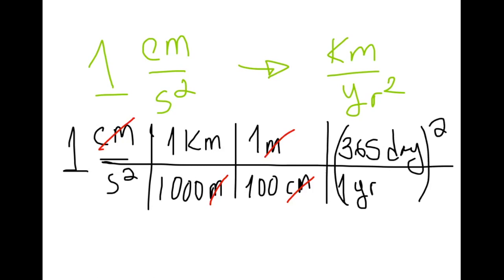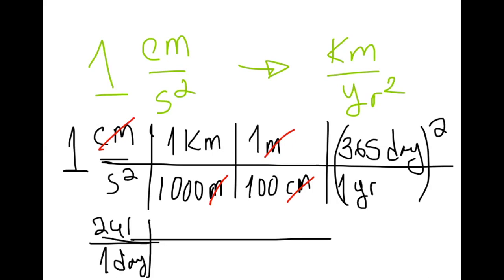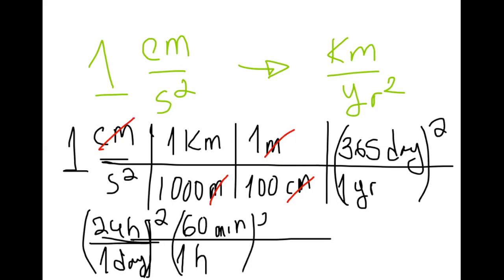And now I don't have much space, right? But then let's continue in this part, okay? So you also know that 1 day has 24 hours, and that's squared. And you know that 1 hour has 60 minutes, and that's squared.